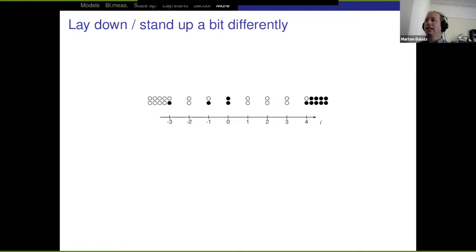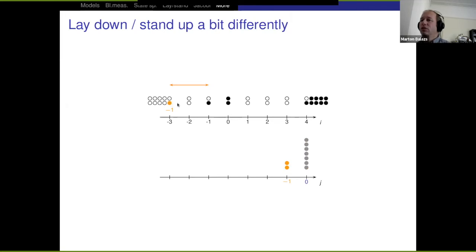And then you can lay down and you can do the same trick as before. So here is how you do it. You're going to say that, okay, I have holes on the left. So that's going to be my infinite wall of particles. Then I'm going to do something a slightly different way of standing up. I'm going to look at distances between neighboring particles. Before I looked at empty spaces, now I'm going to look at distances, which is one more.